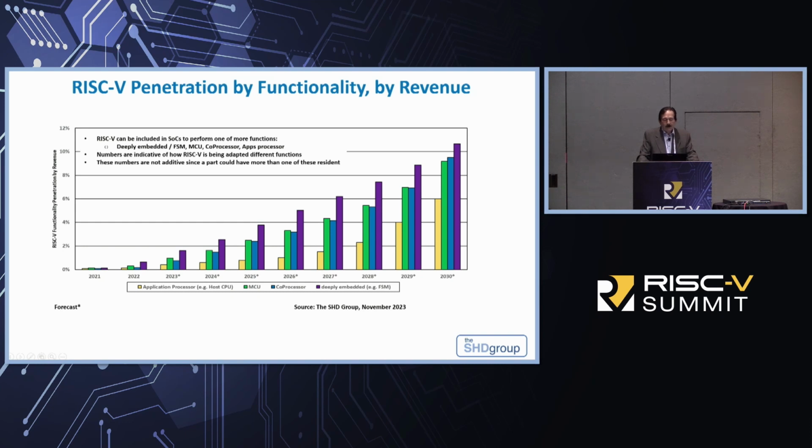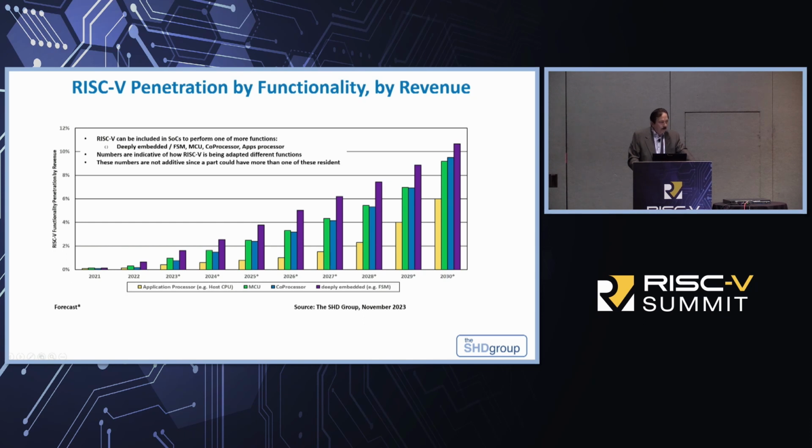But the interesting thing here is the yellow line, which represents the application processor. It starts out low, but it starts gaining momentum, we think, right around 2026, 2027, and starts to assume a higher growth rate than the other categories. And we think that's indicative of, again, the introduction of higher performing cores, more tools, more software, more building blocks to put around those cores, and people are naturally going to use RISC-V to be one of the main components of an apps processor going forward.